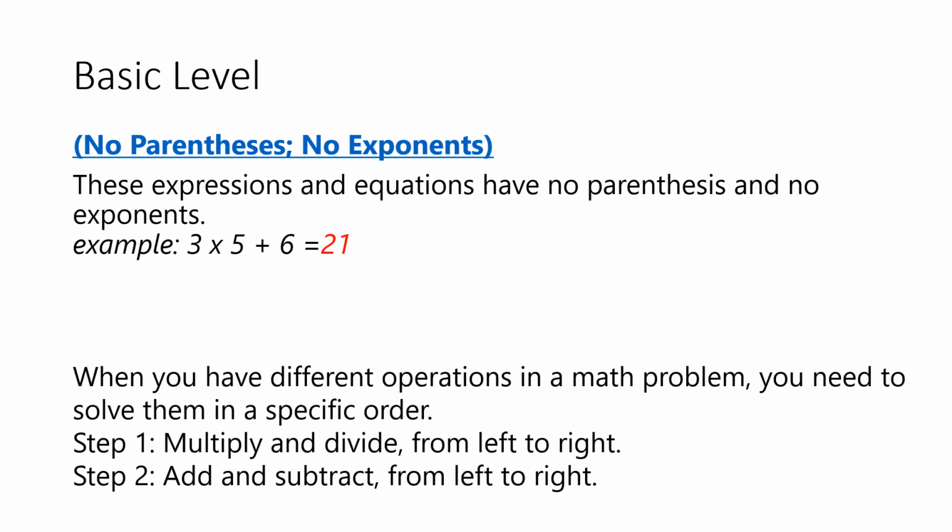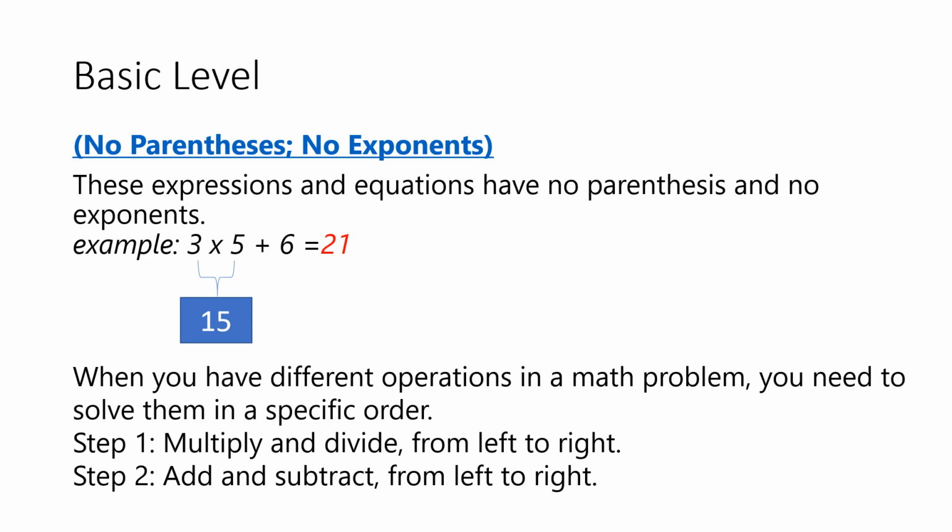When you have different operations in a math problem, you need to solve them in a specific order. Step 1: if there is any multiplication or division, follow from left to right. Step 2: add and subtract from left to right. So here 3 into 5 will become 15, plus 6 is 21.